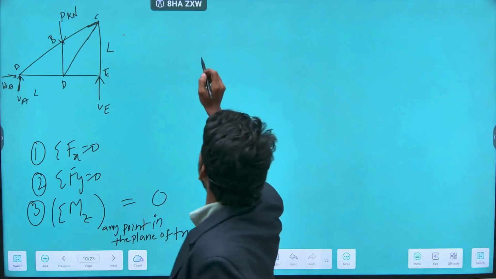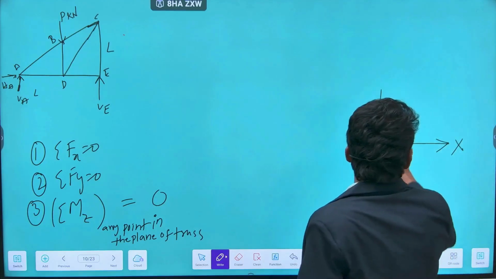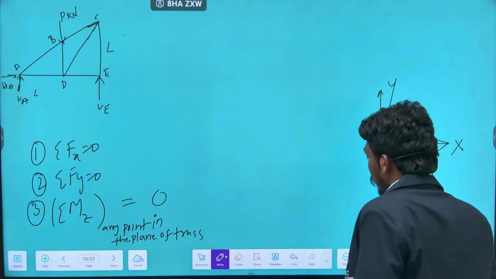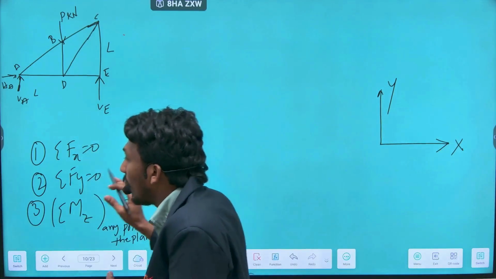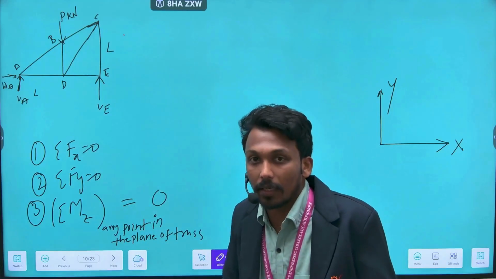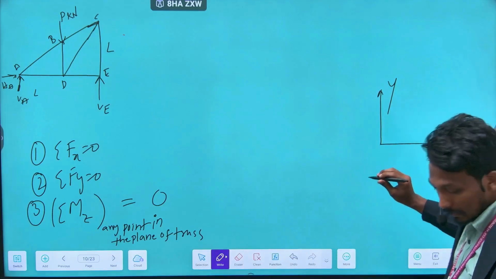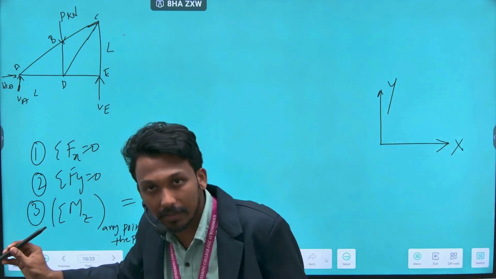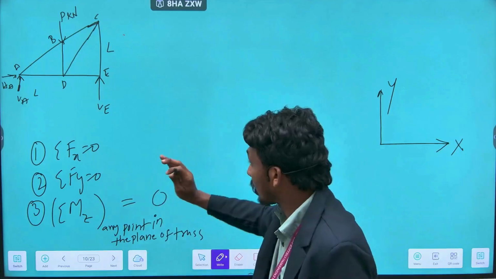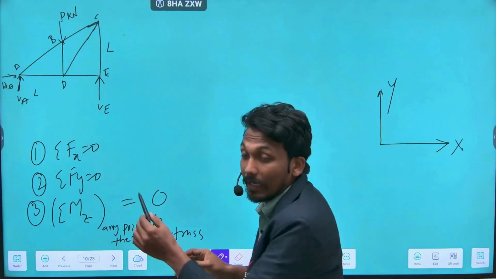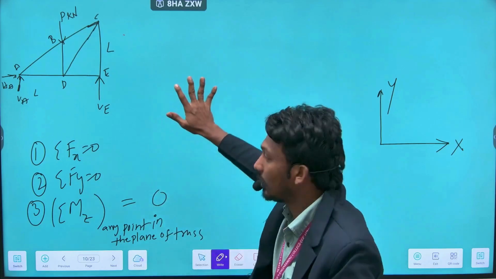Now what is this z, and what is meant by any point in the plane of the truss? When we take this as x direction and this as y direction, the truss is in this xy plane. If rotation acts at all, the truss will tend to rotate about a direction perpendicular to the plane of this board.